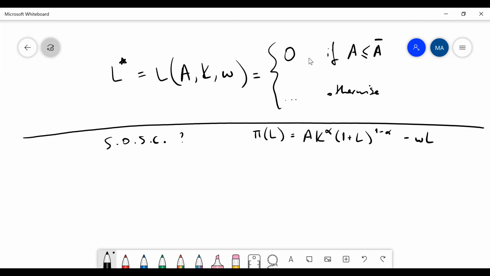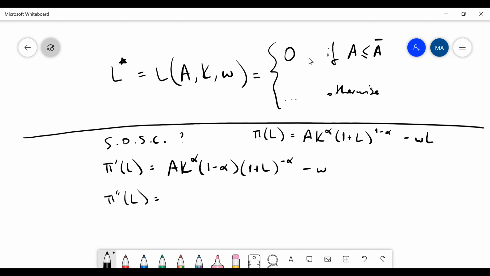So how to check the concavity for a one variable function? Basically, you look at the second derivative. The first derivative was A K to the alpha, 1 minus alpha, (1 plus L) to the minus alpha, minus w. So the second derivative is minus alpha A K to the alpha, 1 minus alpha, (1 plus L) to the minus alpha minus 1.